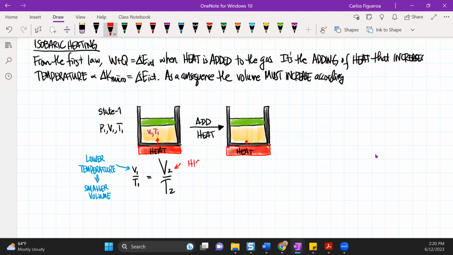If I have a higher temperature, then I must have a larger volume. So then that means that if I look at my piston head, it then has to get to a larger volume.